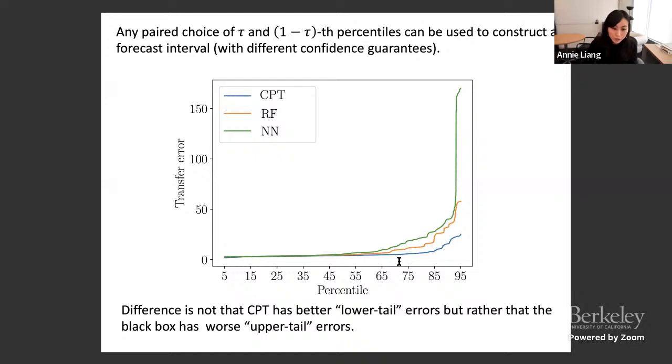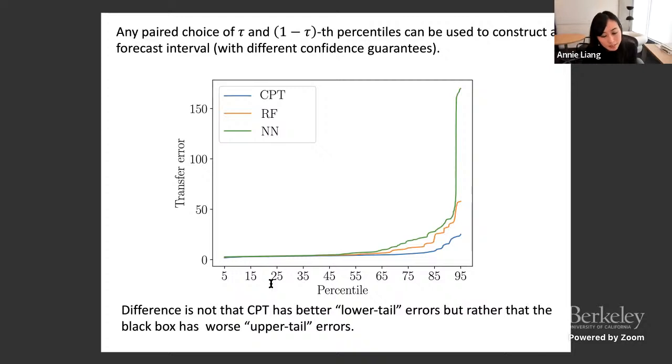Right, and also from this figure, what you can see is that although these curves are everywhere above for the black box algorithms compared to the economic model, in this region, actually, they look very similar. Right, so up to about the 55th percentile of the transfer errors, the methods actually aren't really that distinguished from one another.